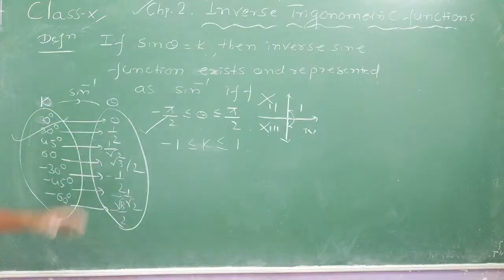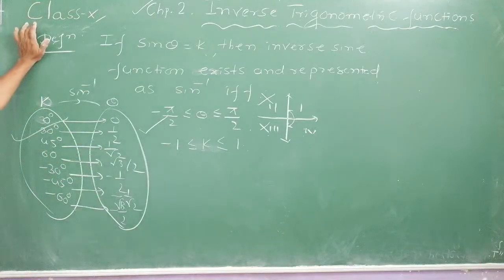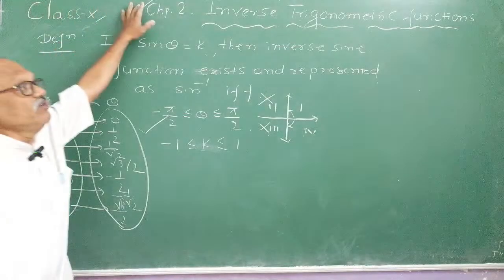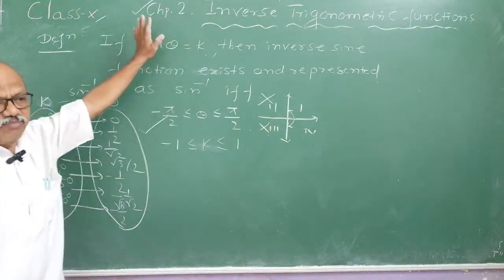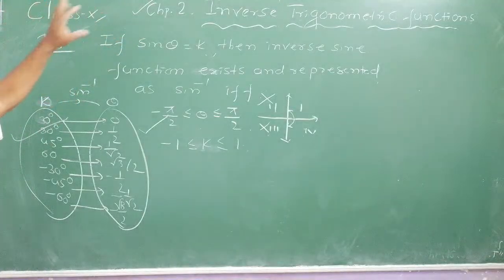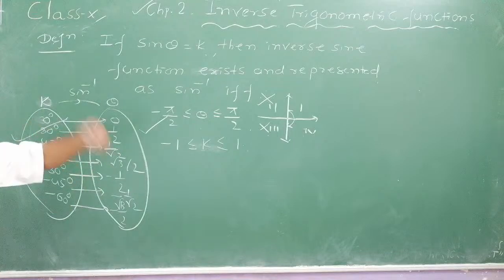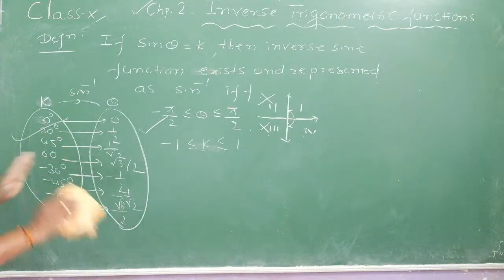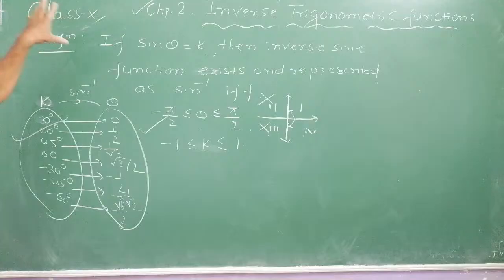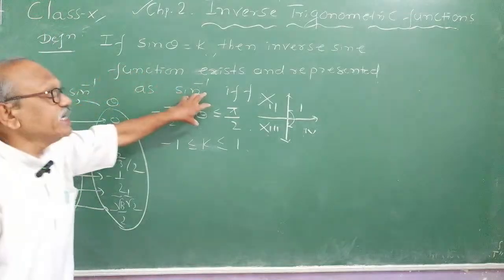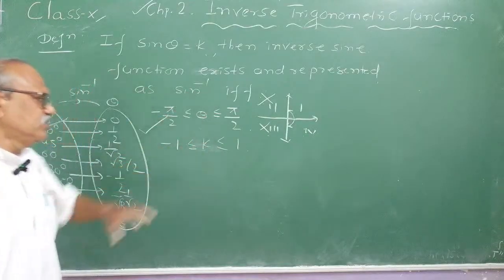Listen to me. Understood? What is the definition of inverse sine function? Strictly speaking, no inverse trigonometric function exists because trigonometric functions are periodic functions. After every 360 degree, same angles will go on repeating. Therefore, it cannot be 1, 1. However, you can define inverse trigonometric function by restricting the domain and the range.